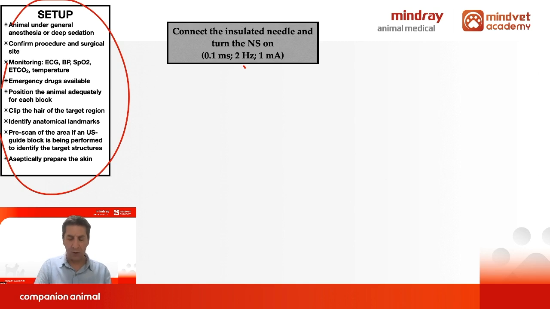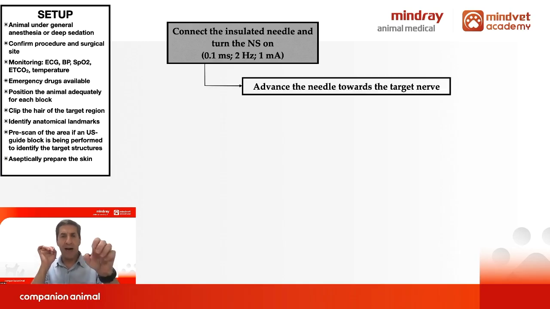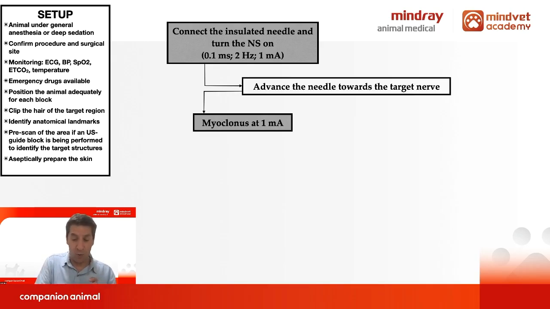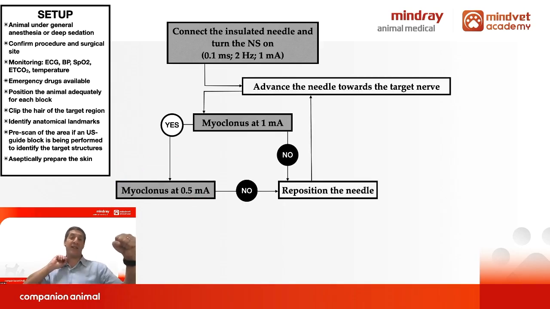Okay, so we advance with the needle towards our target nerve. If we get myoclonus at 1 milliampere, we reduce the current to 0.5. If we don't have myoclonus, that means the nerve is not here and the needle is far away from the nerve, so we need to reposition the needle.